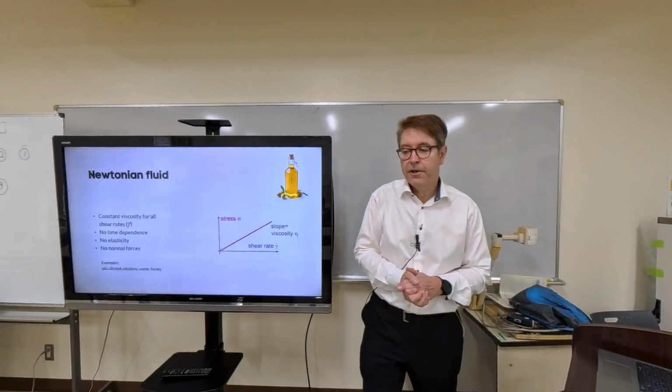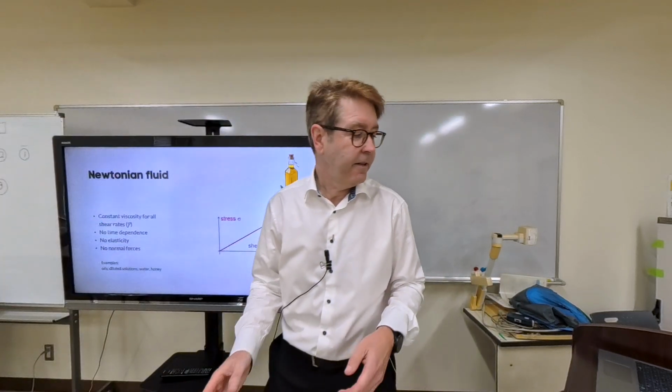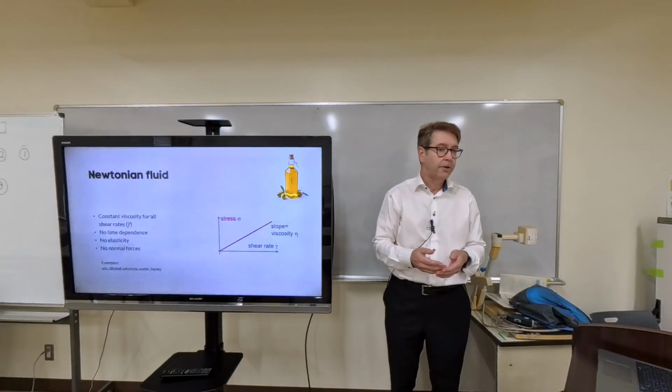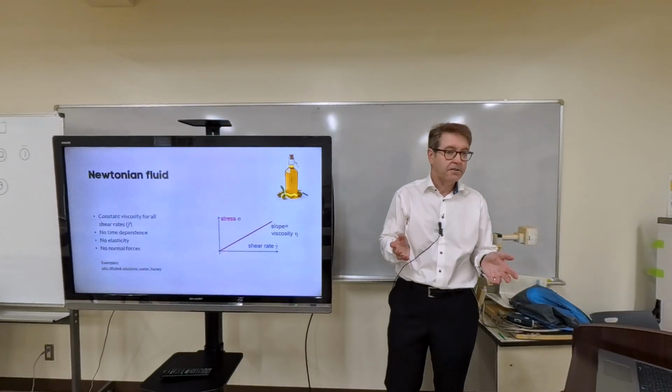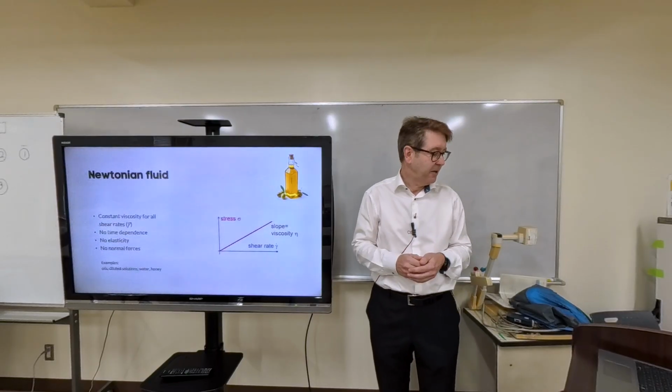Okay, so a Newtonian fluid, it's this one. And this one has a constant viscosity, no time dependence, nothing is happening really. And it could be a dilute solution, water, oil, honey, syrup. And this is quite boring if you're a rheologist, because it is just constant. But it's good to remember one of the extremes.